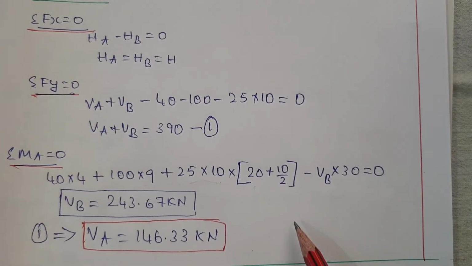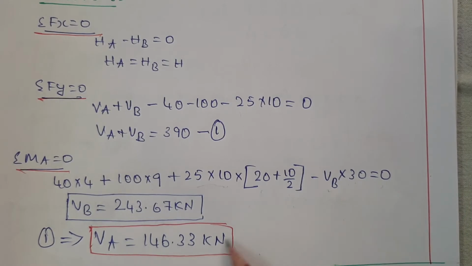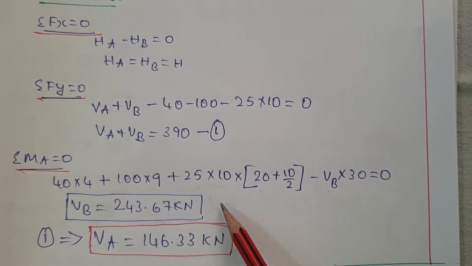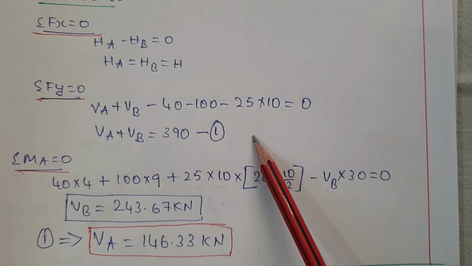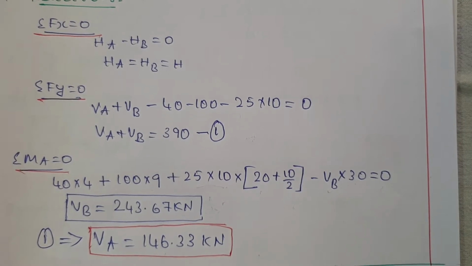That's what I considered here. Minus VB into 30 equals 0. We get VB as 243.67 kilonewton. Substituting that in the above equation, we get VA as 146.33 kilonewton.